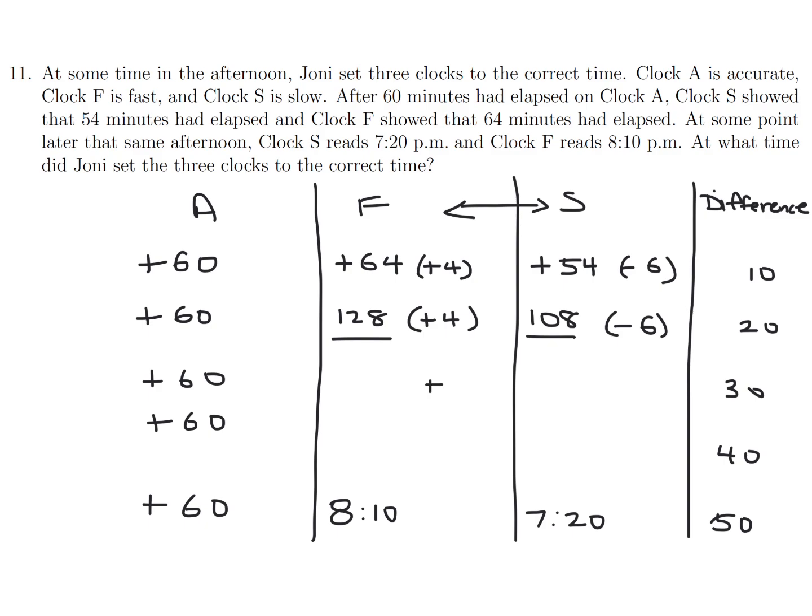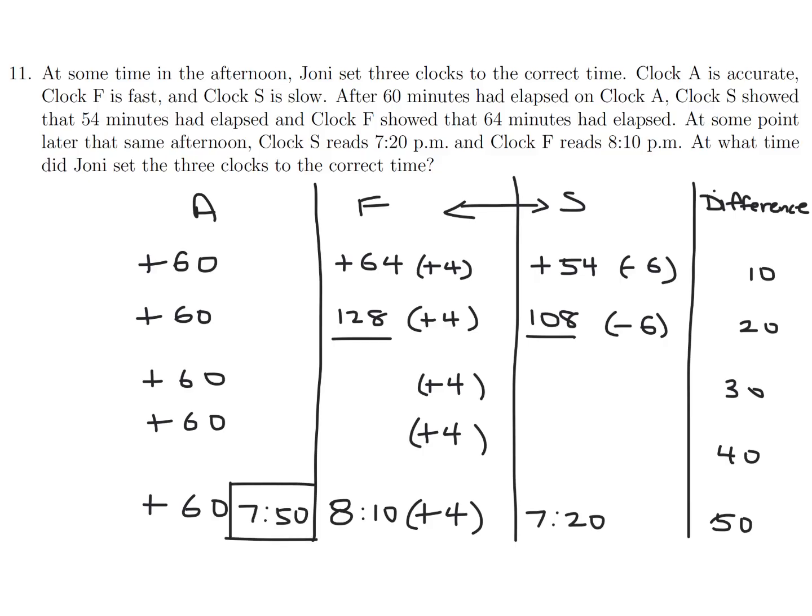So this was plus 4, this was plus 4, this was plus 4. So a total of 4 times 5, so plus 20. So the actual time here would be 7:50, right?